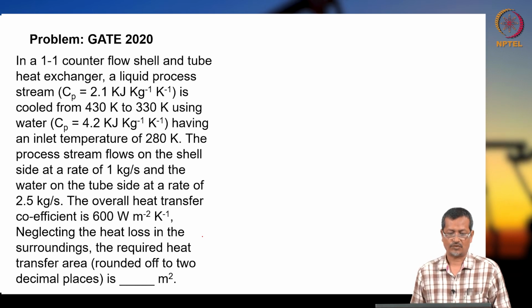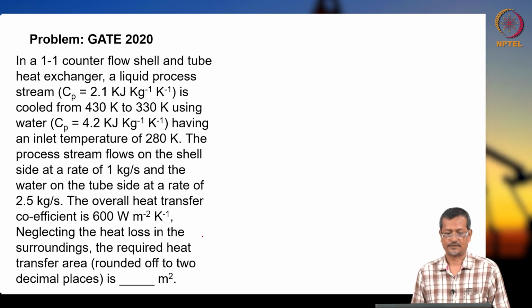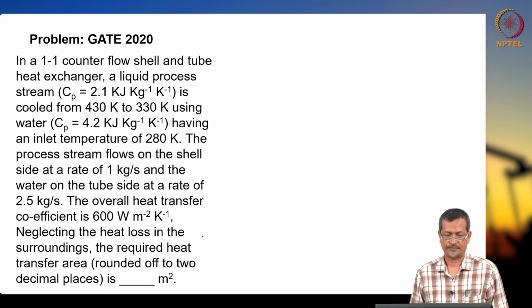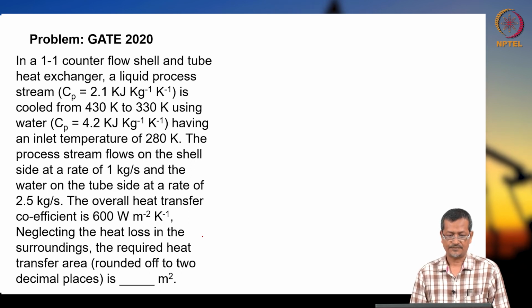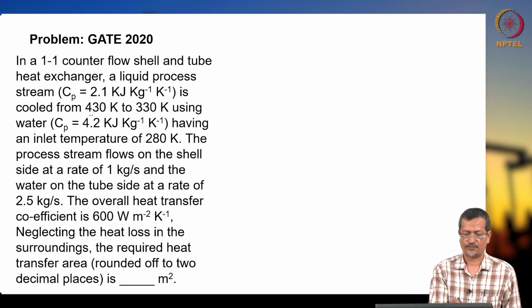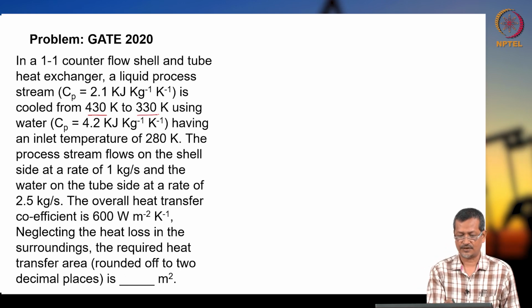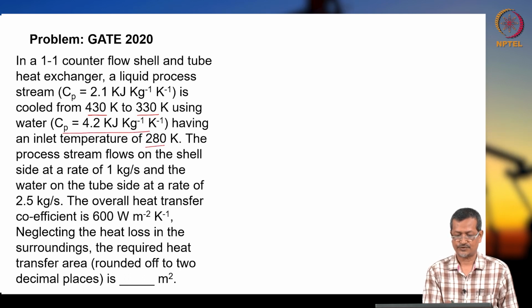Now we will try to solve one GATE problem. It came in 2020 petroleum engineering. In a counterflow shell and tube heat exchanger, a liquid process stream is cooled from 430 K to 330 K using water having an inlet temperature 280.